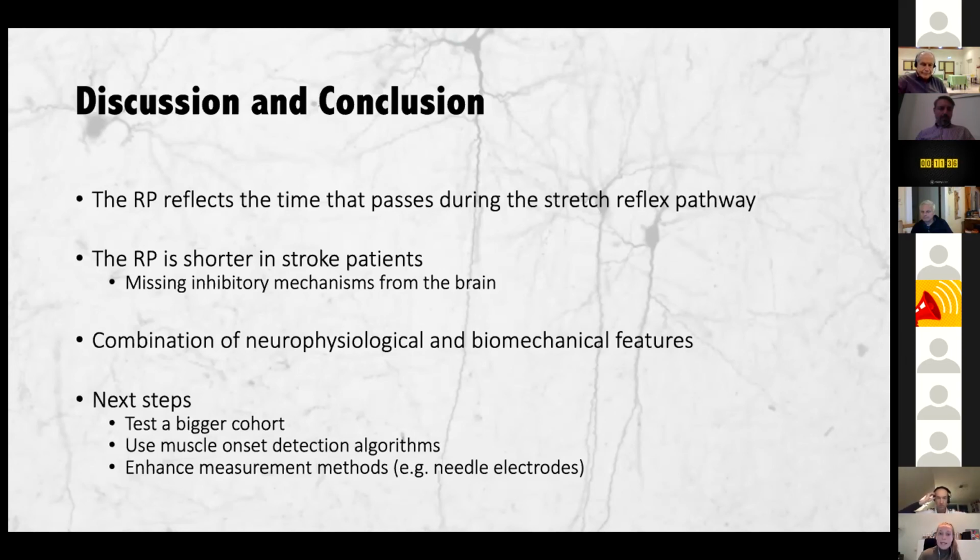So that might lead to a higher accuracy. And we can also enhance our measurement methods, for example, by using needle electrodes, which we're planning to do shortly. And this study was done with a very small cohort of only 8 subjects, and we hope to be able to include more subjects in the future.